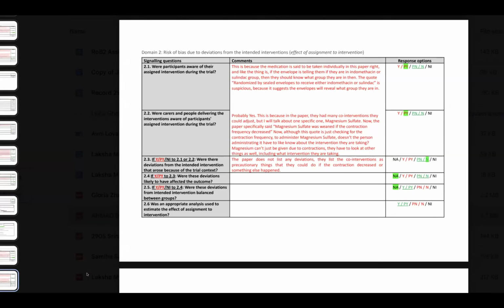But the paper doesn't talk about if the people who delivered the magnesium sulfate knew about what intervention they were taking. I agree. David, do you have any items to note?